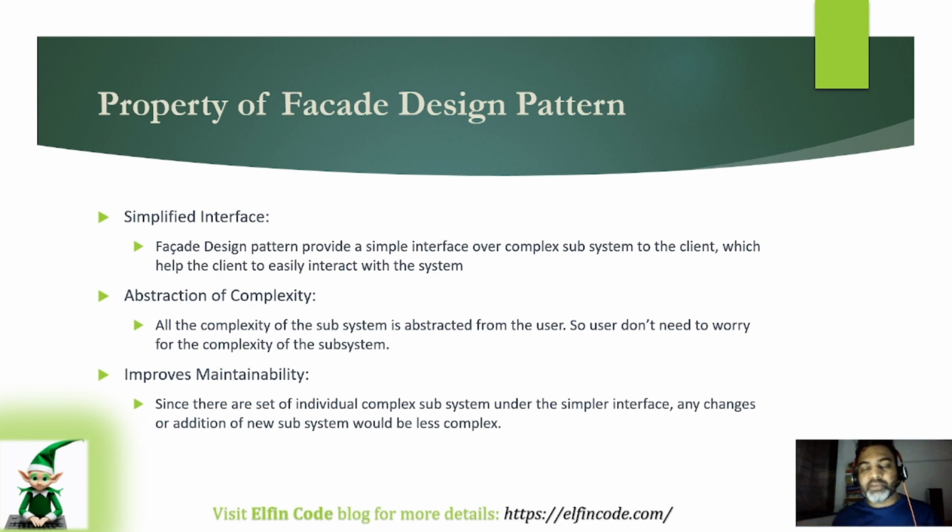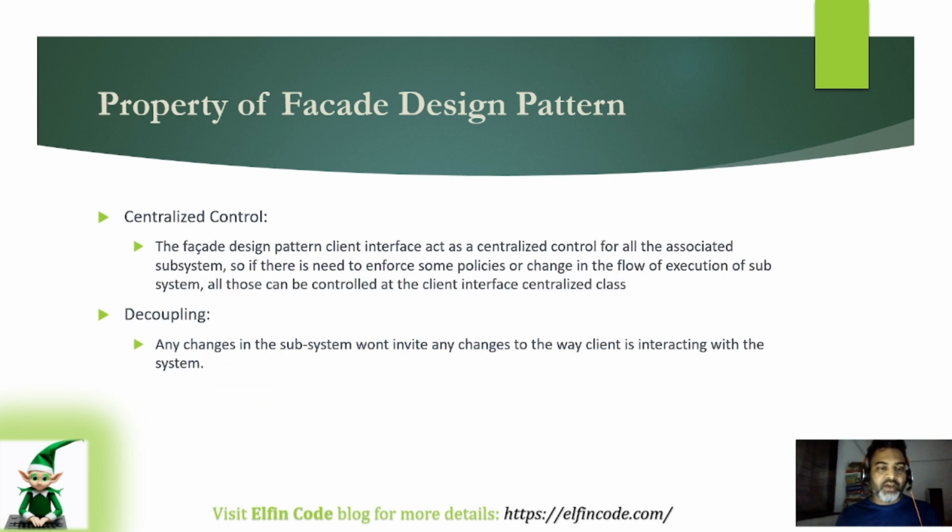Similarly, if you want to do some additional processing inside one of the subsystems, you can go and do it without disturbing all the other subsystems. So this actually helps in improving the maintainability.